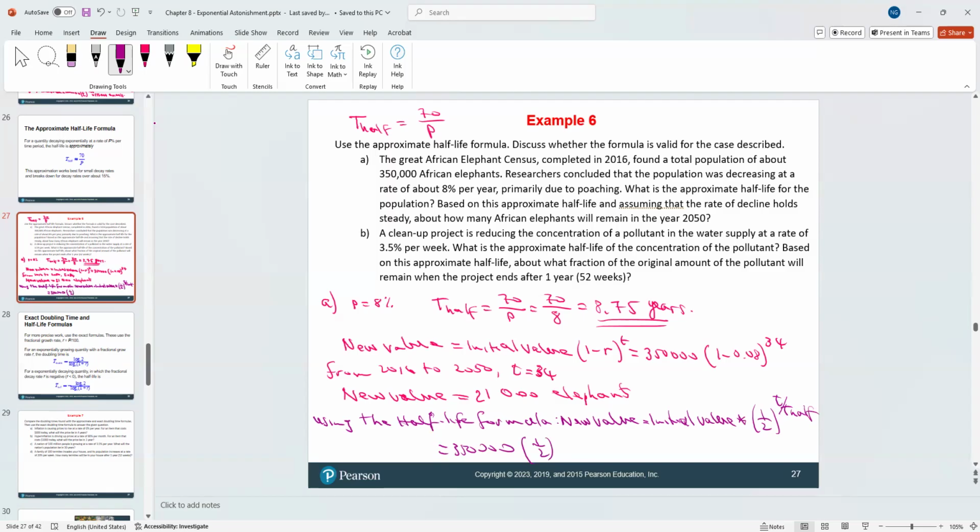Remember t is 34, the time we have, and T half is 8.75. When you do that, the answer is about 24,000, so about 4,000 more elephants.